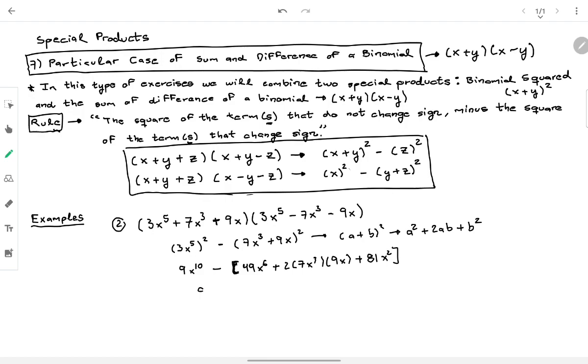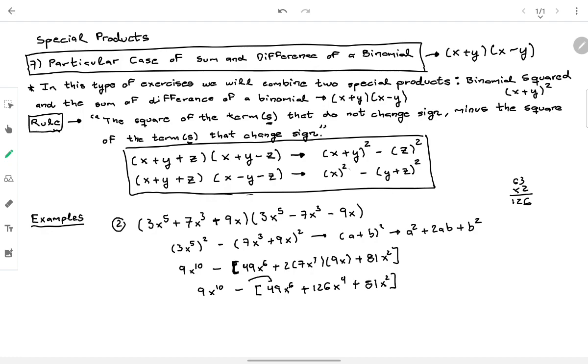So it will be 9x to the 10th minus, in brackets, 49x to the 6th, then 63 times 2, 126x to the 4th, plus 81x squared.